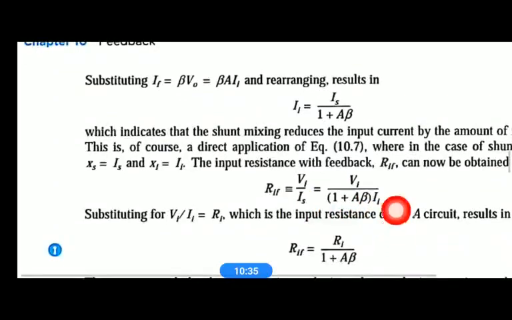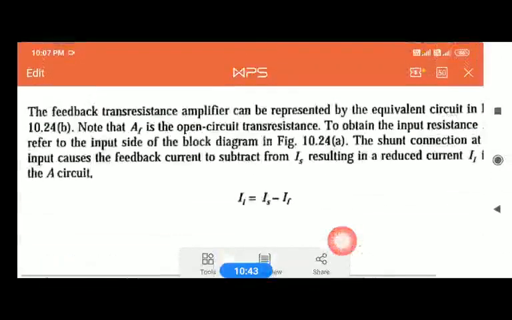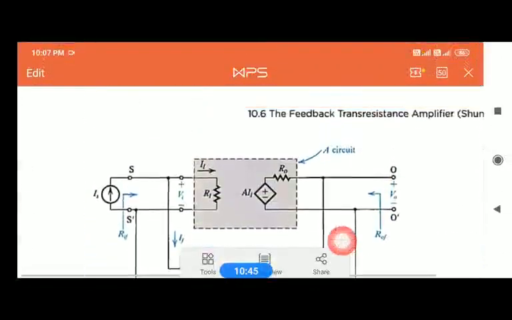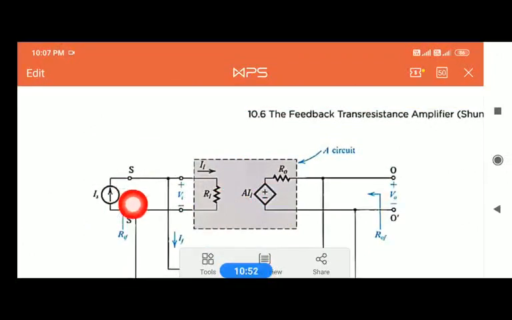We know that VI divided by II is RI. What is RI? RI is the input resistance for the open loop amplifier. RIF is VI divided by IS, and RI is VI divided by II.